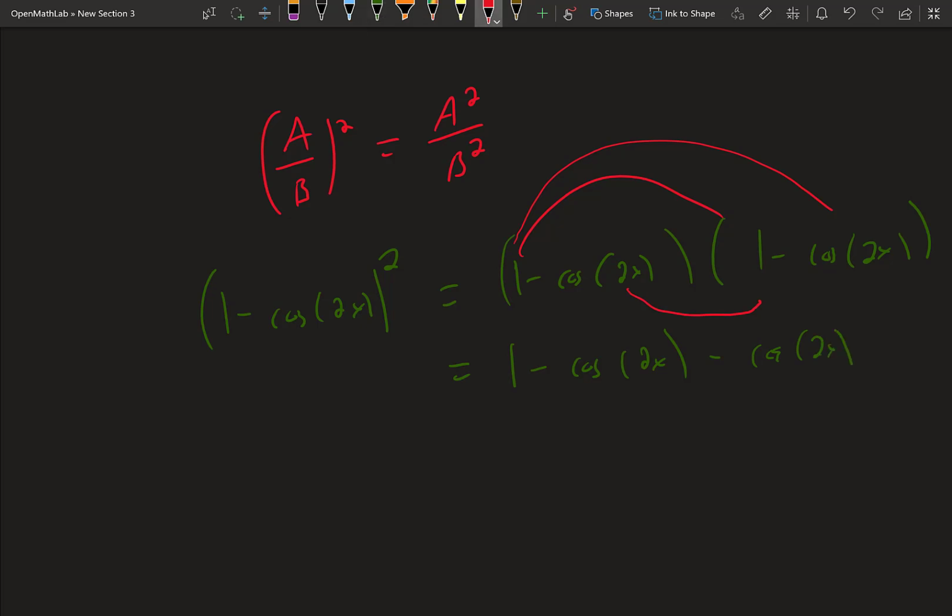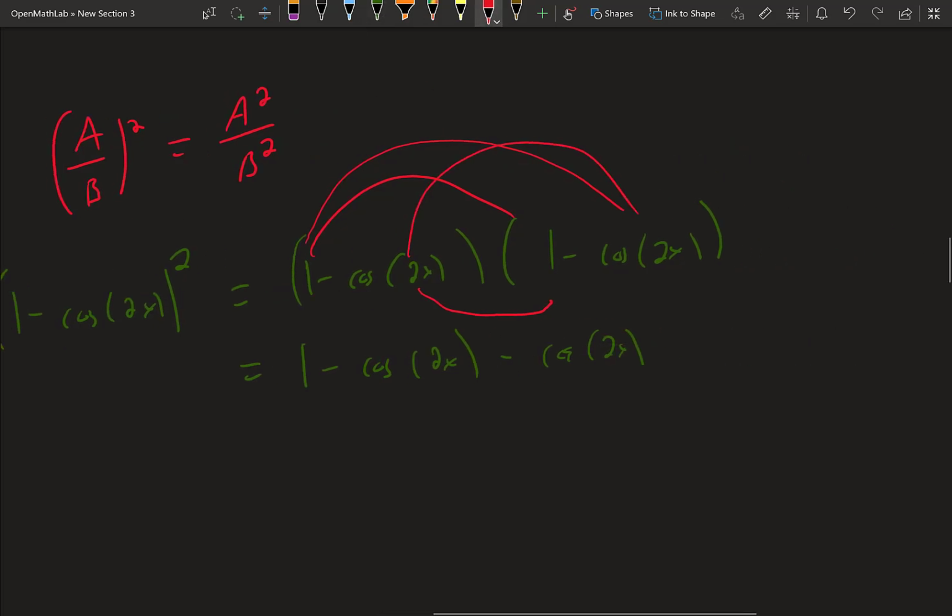And then lastly, these outsides give me plus cosine squared 2x. So I can simplify this to be 1 minus 2 cosine of 2x plus cosine squared of 2x. Right, so we can plug that in.